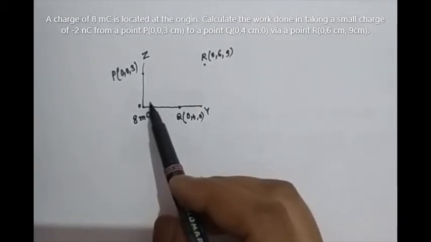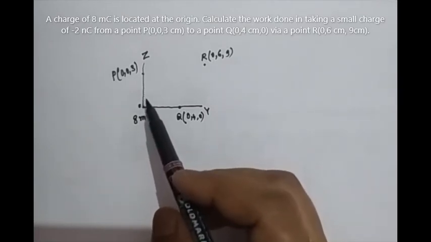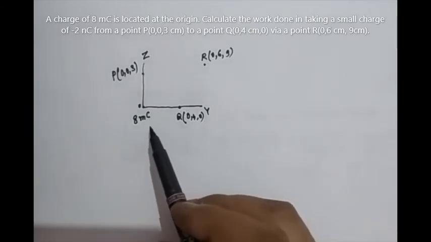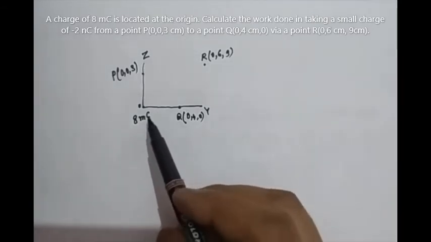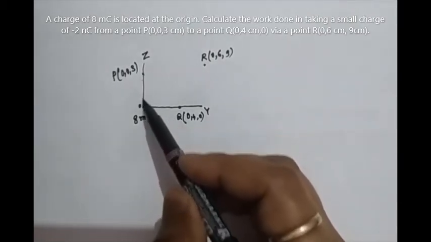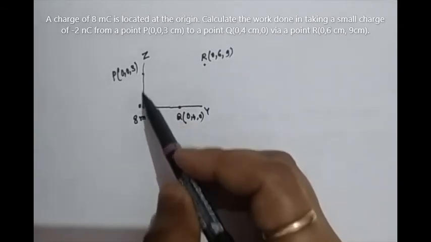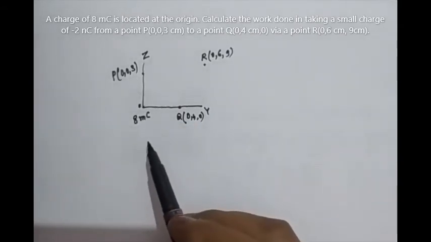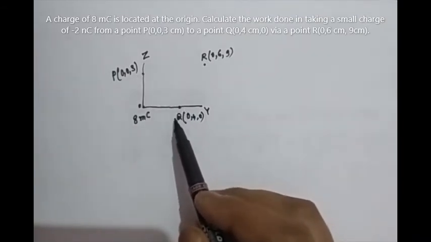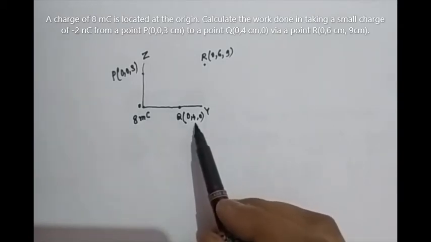We have to find the change in electric potential energy when initially the charge is at point P and their separation is 3 centimeter, and finally the charge is taken from P to Q. Their separation becomes 4 centimeter.